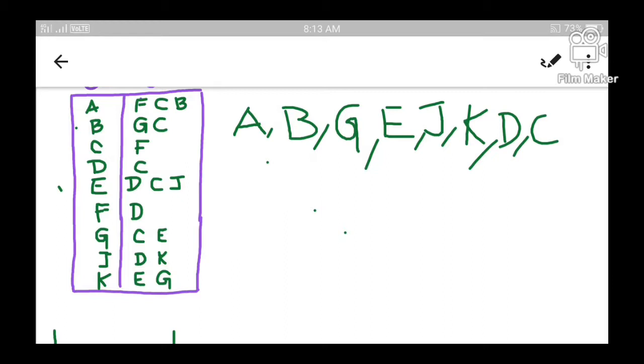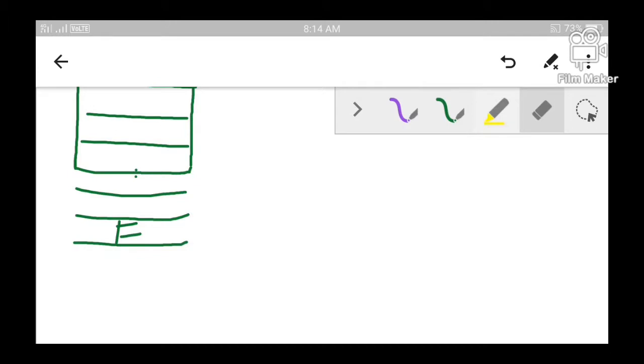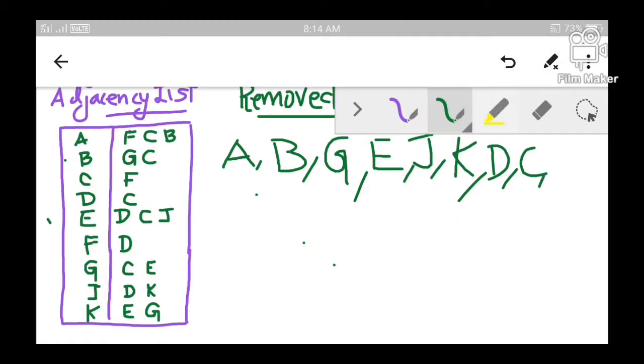Okay. So at present, stack is having only one element in it, which is F. So this time I am going to remove the topmost element, which is F. After removing the element, it will be added to the list.